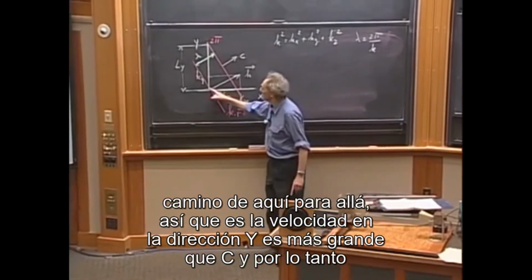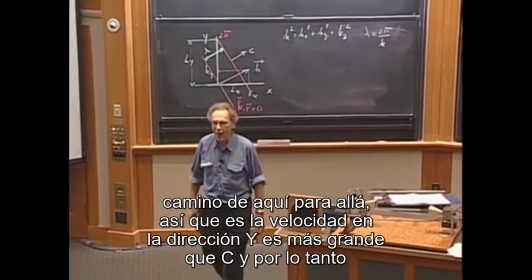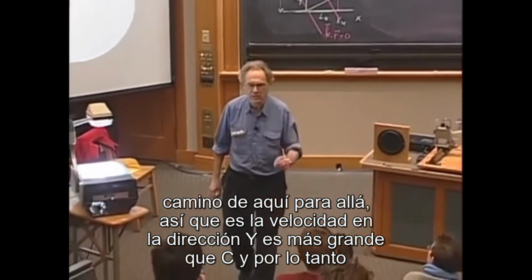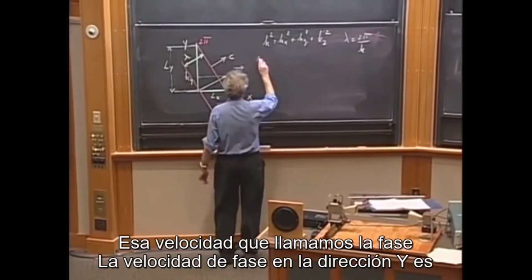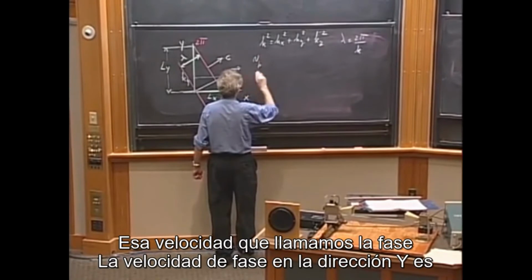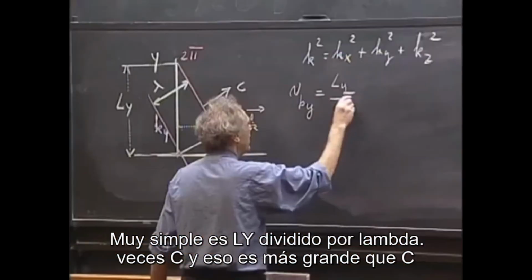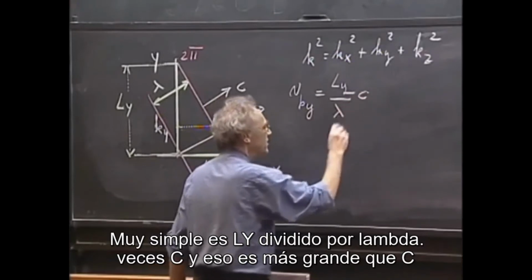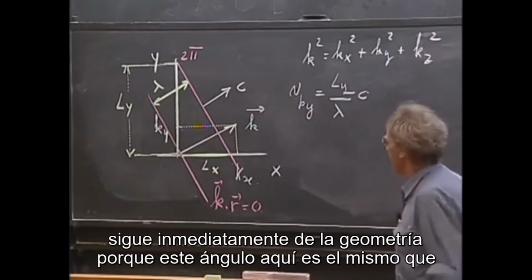How far has it moved in the y direction then? All the way from here to there. So its speed in the y direction is larger than c. And so that speed, which we call the phase velocity in the y direction, is very simple, is Ly divided by lambda times c.